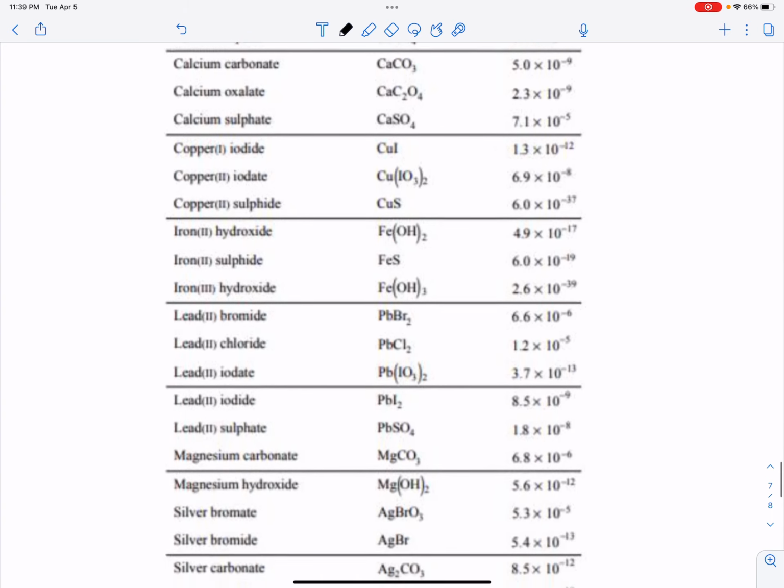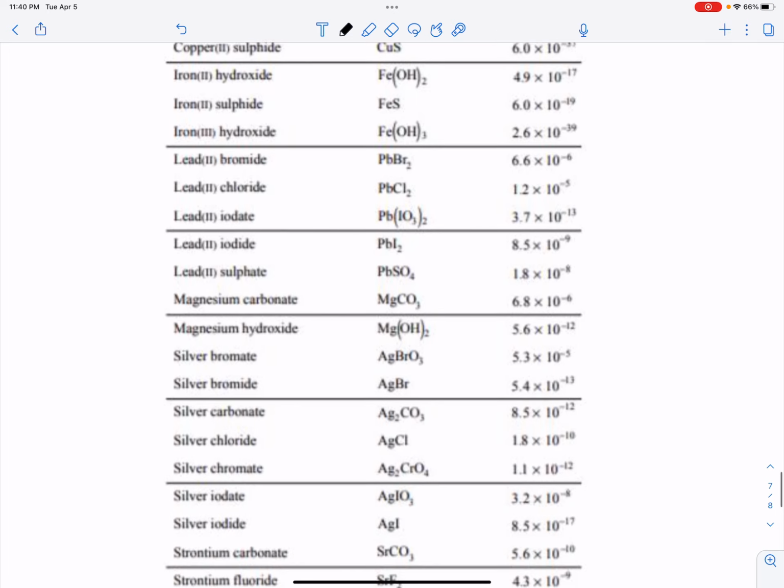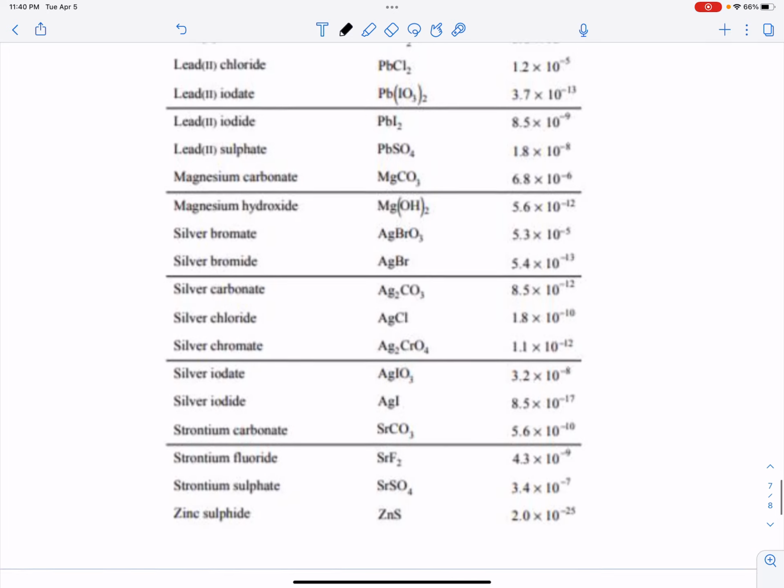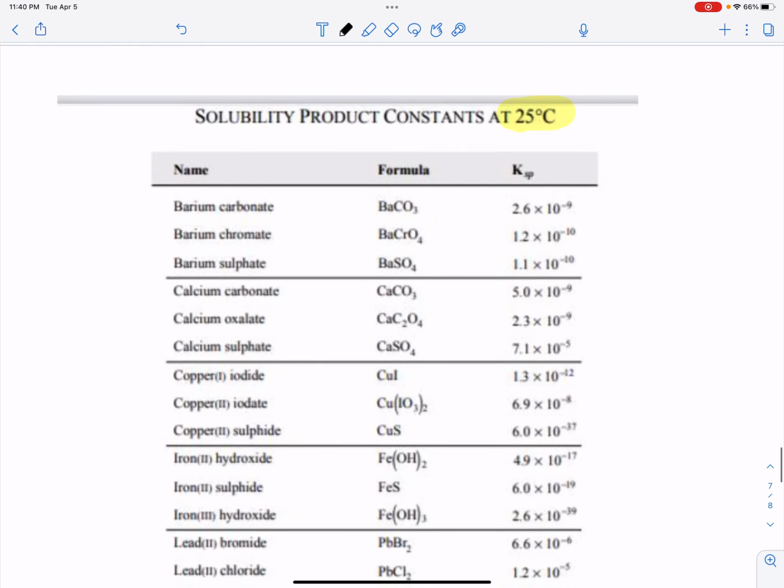Most of these have low solubility in water, and you'll see them listed alphabetically. Their formulas are there too, which can be really handy when you're trying to write out net ionic equations. The KSP value shows us a ratio, and how many ions are created.